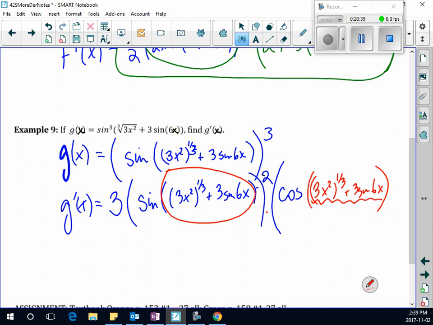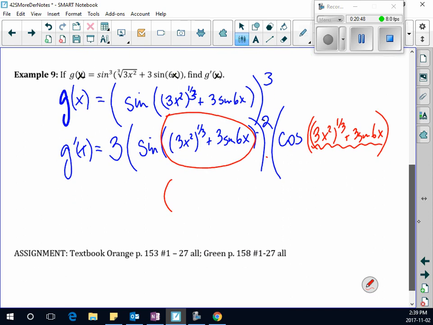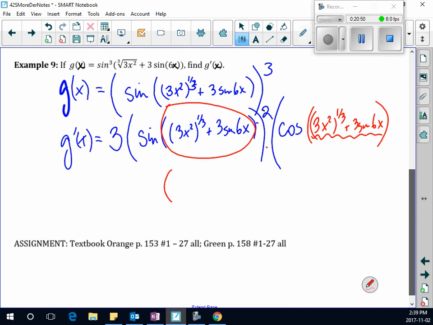This is where I'm going to go to the next line. So the derivative of 3x squared to the power 1/3 is a chain rule. Do you see that? So it's 1/3 3x squared to the power negative 2/3 times the derivative of this, which is 6x, bracket, plus, this is a chain rule as well.